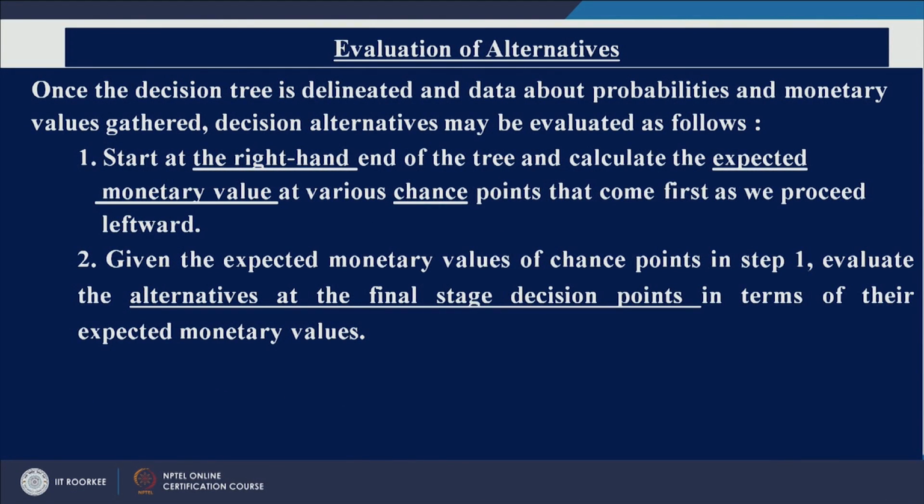The fourth step in decision tree analysis is evaluation of alternatives. Since you have done the first three steps, the first one was identification of problem and generation of alternatives, then delineation of tree, the third one was assignment of probabilities and monetary values, and the fourth one is evaluation of alternatives.